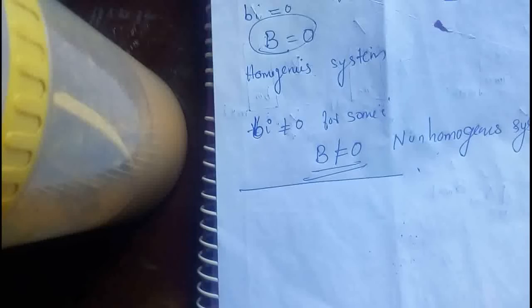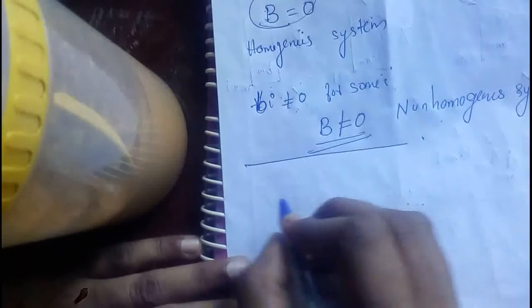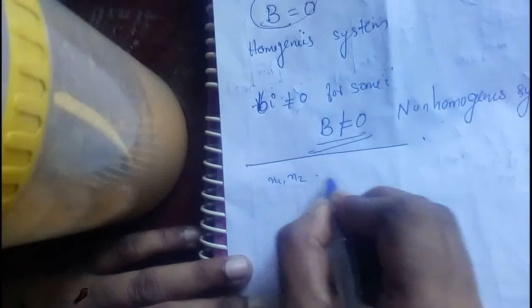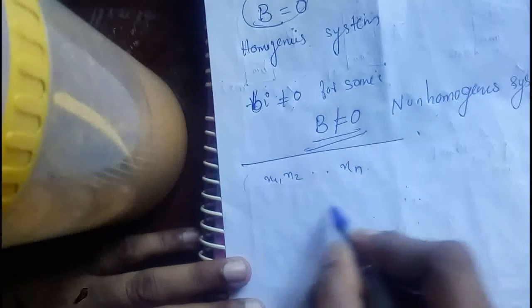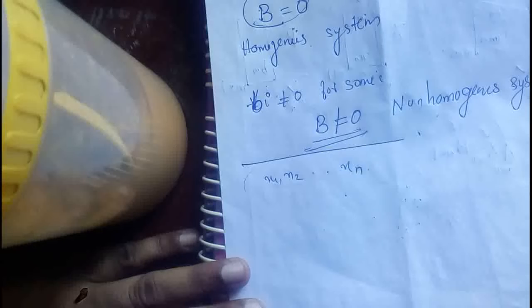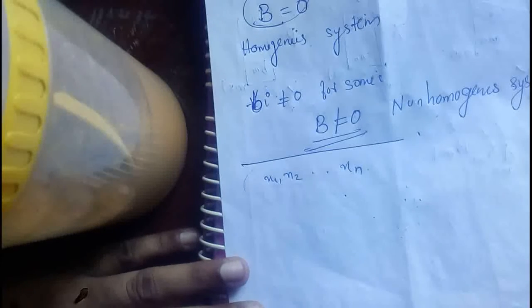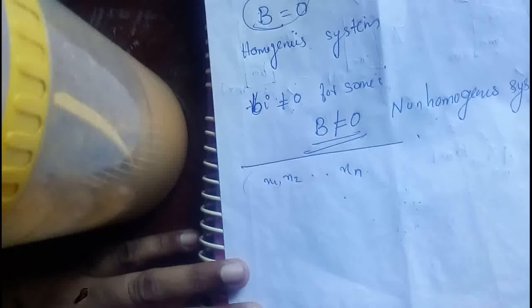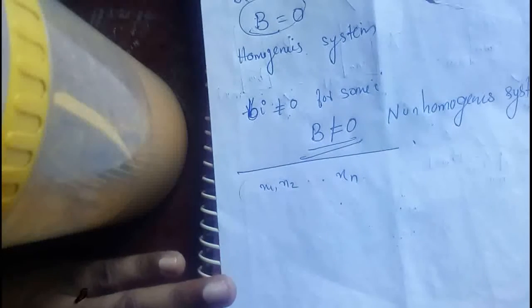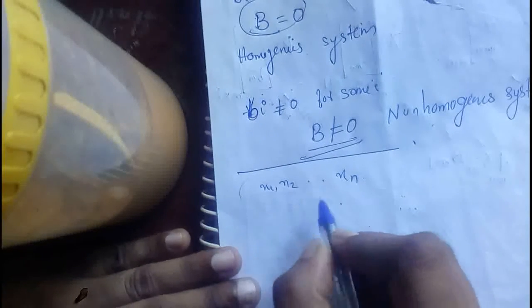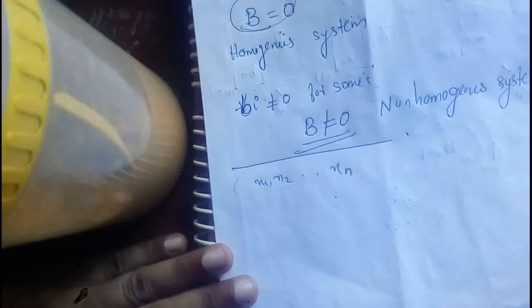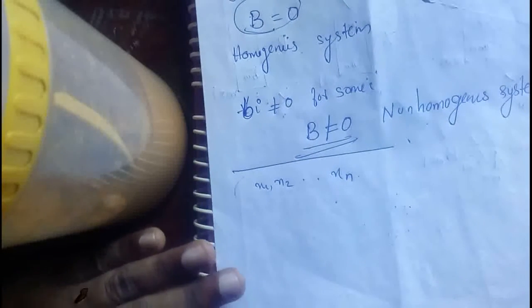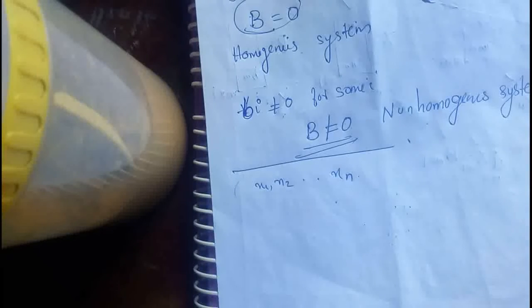A set of values x1, x2, etc. xn, these n unknowns satisfying the m equations, is called a set of solutions of simultaneous equations.